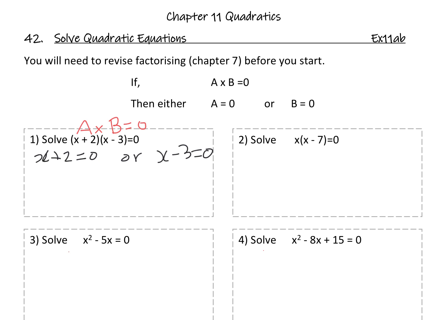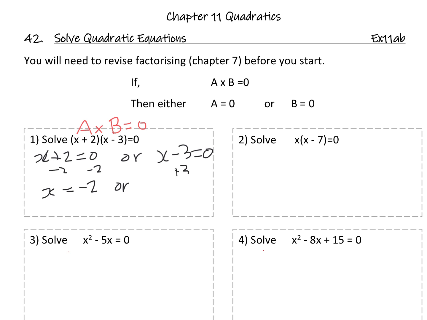Okay? Then, if the first bracket is equal to 0, that gives us an equation that says that x plus 2 is 0. And we can solve that by taking 2 off both sides to give x equals 0 minus 2, which is minus 2. The other equation says that x minus 3 is 0.